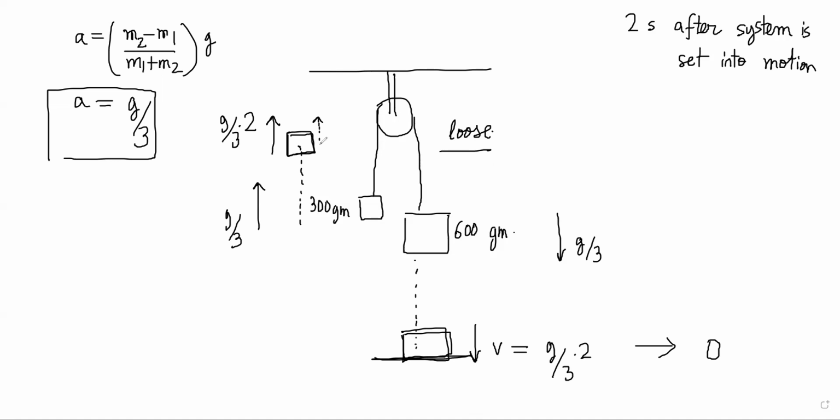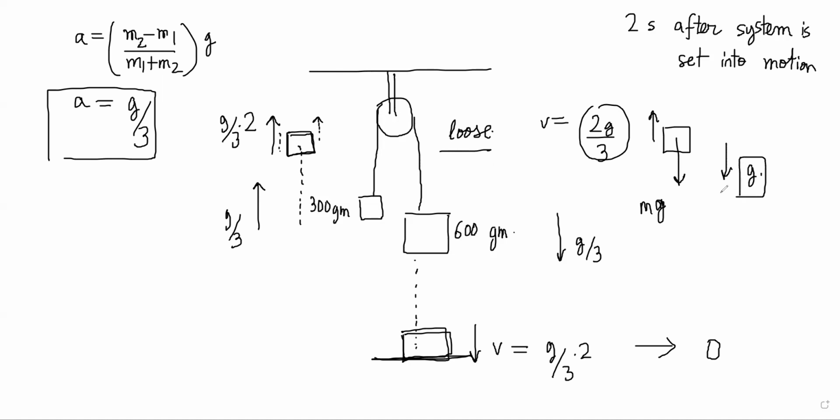Yes, sir. No tension will act, and this will rise. So the force on it is now basically just gravity. 2g by 3 is the velocity of this block upward, but the force is only mg, so the acceleration is downward g. It will rise up to a certain extent, then slow down to 0 and start falling back down.